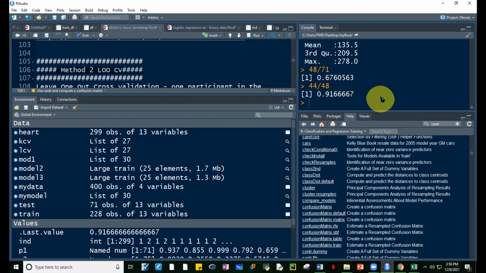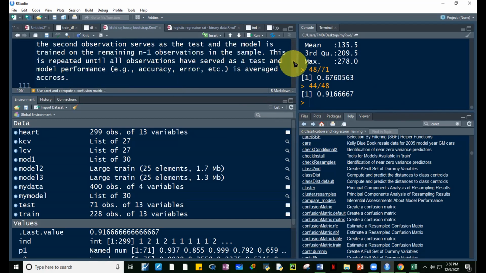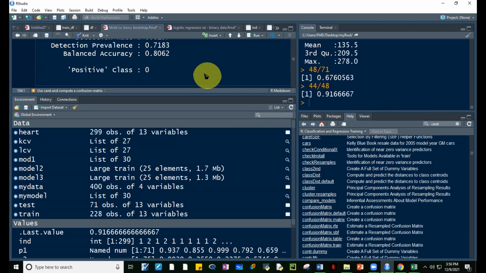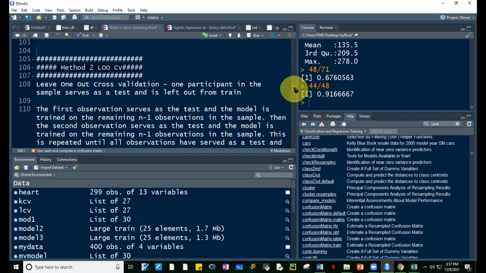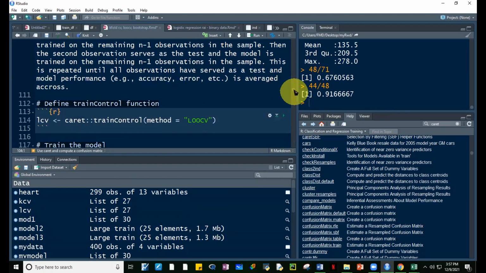That's called leave one out cross-validation. Okay? So, pag ganyan guys, maraming models yan, di ba? Kasi our sample size is 299, mag-create tayo ng 298 na models. Okay? Kada isang model, may isang matitirang data.